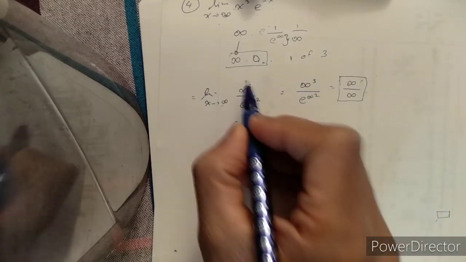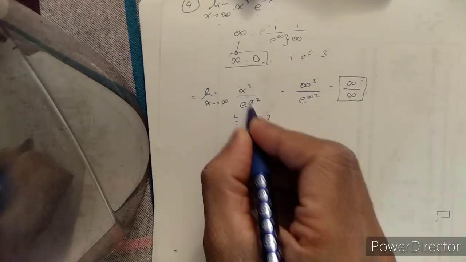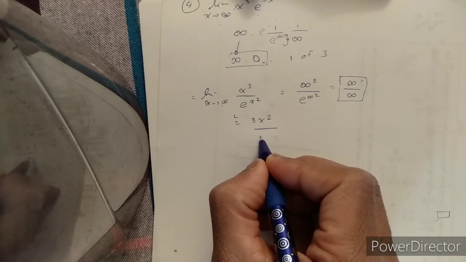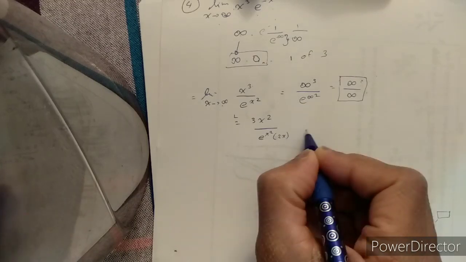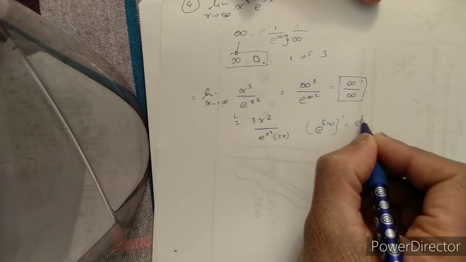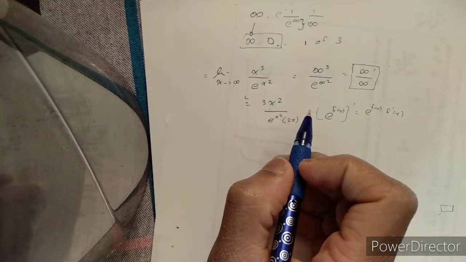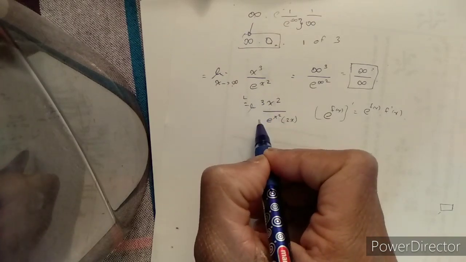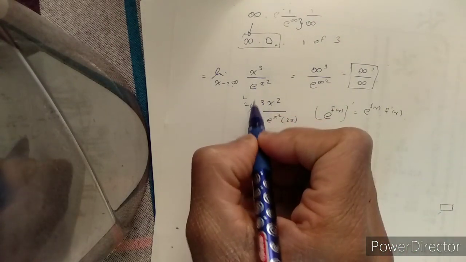When we apply L'Hopital's rule, the numerator differentiated becomes 3x squared. For the denominator, when we differentiate, it becomes e to the x squared times 2x, because the derivative of e to the power f(x) is e to the power f(x) times f prime of x.